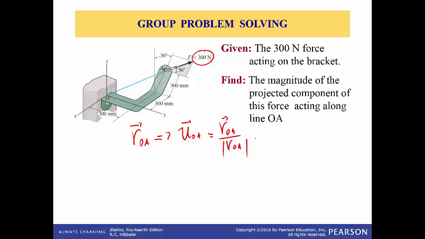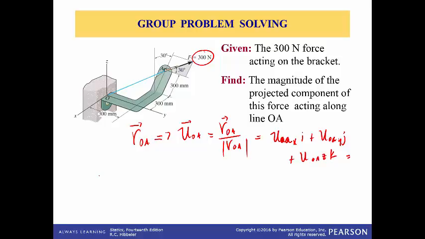So you'll obtain something in the form of UOAx i plus UOAy j plus UOAz k. That's what you'll obtain.